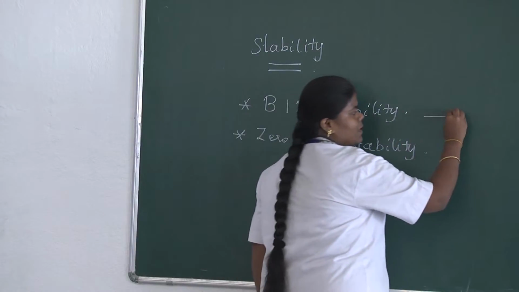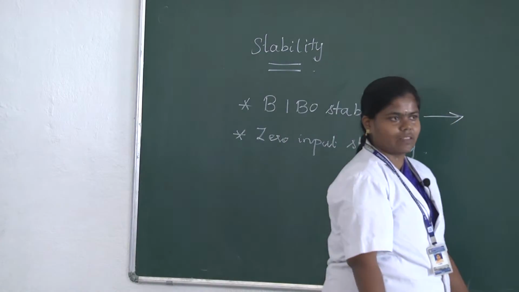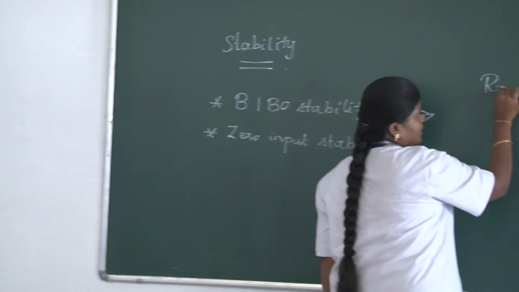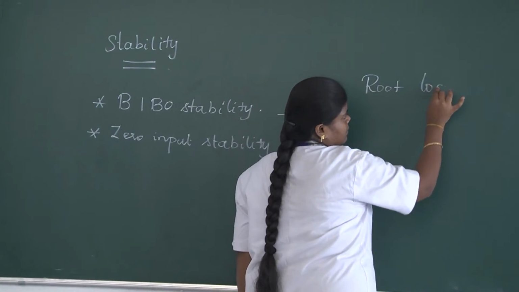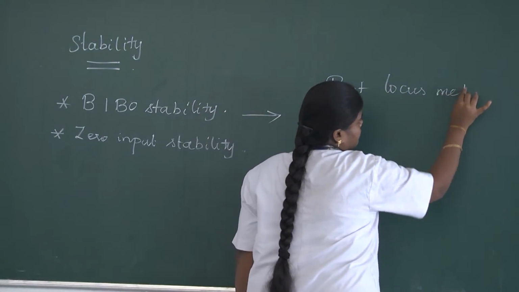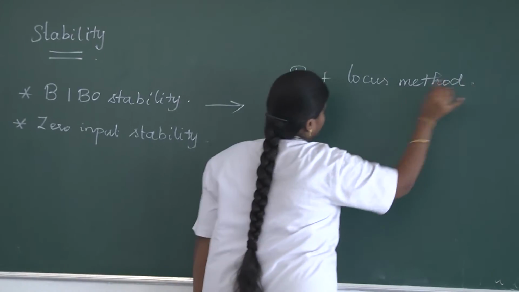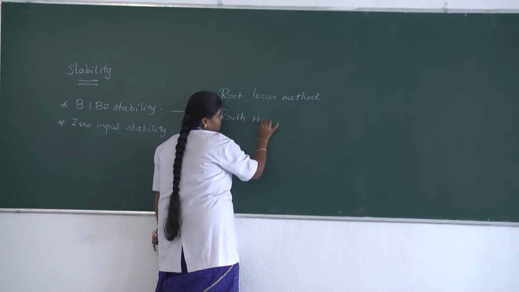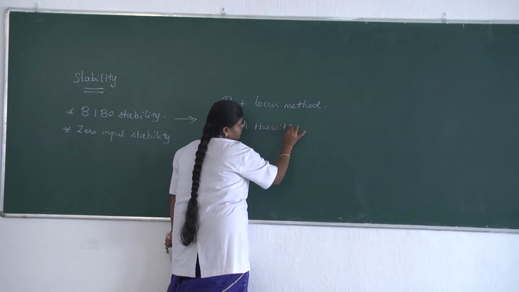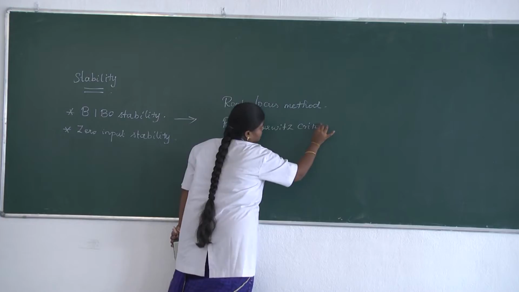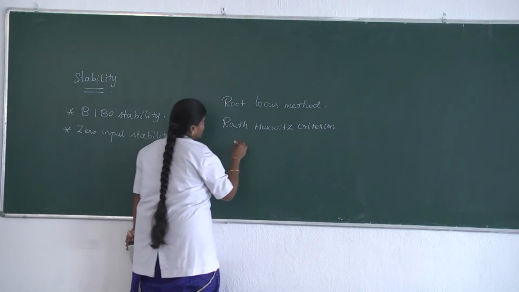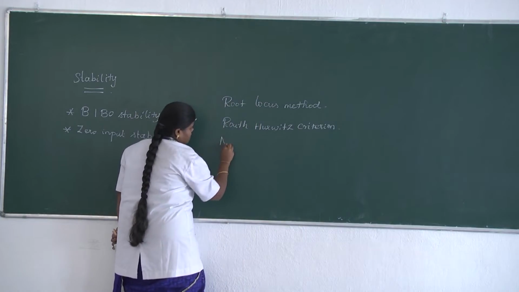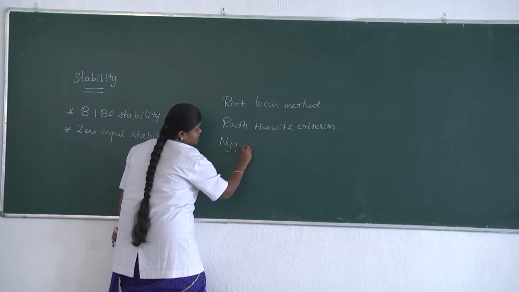This stability analysis involves three methods. They are the Routh locus method, the Routh Hurwitz criterion method, and the last one is the Nyquist plot, that is the Nyquist stability criterion.